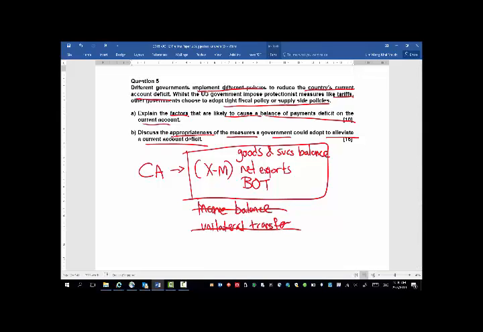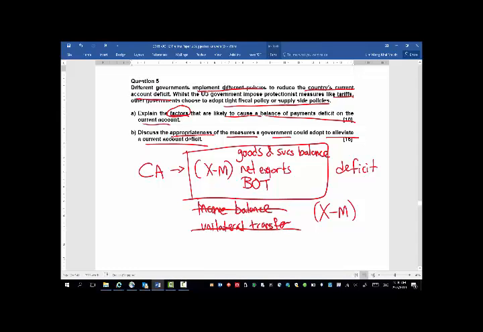So for this question, we are going to talk about the factors that cause a deficit here. So deficit here, what does this mean about your X minus M position? Is it positive, is it zero, or is it negative?